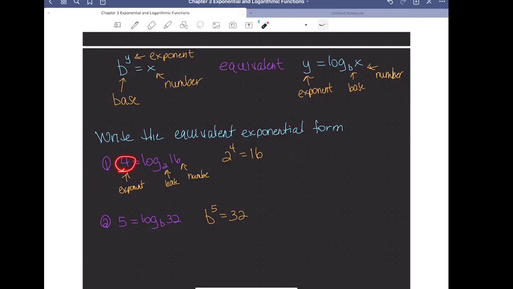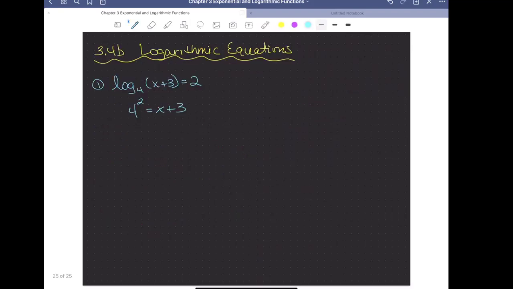Your number out front is going to be your exponent. Your little guy is always your base. And then that is always the number that we're going to equal, right? So now that I switched it into an exponential function, we can go through the algebra. 4 squared is 16, and that's going to equal x plus 3.